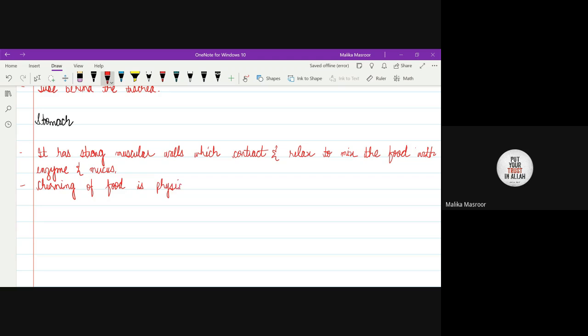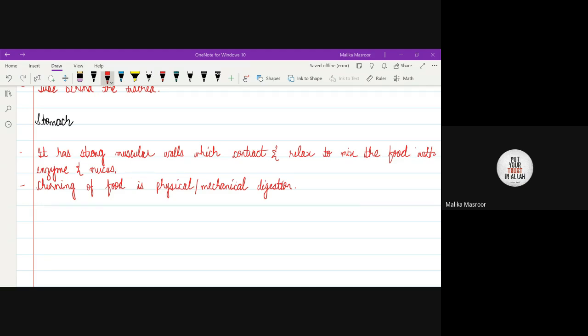This churning is the contraction and relaxation of the muscular walls. Because when something is contracting and relaxing, obviously the content inside it will move as well, right? So that movement of food inside your stomach because of the contraction and relaxation of the muscular walls is churning.